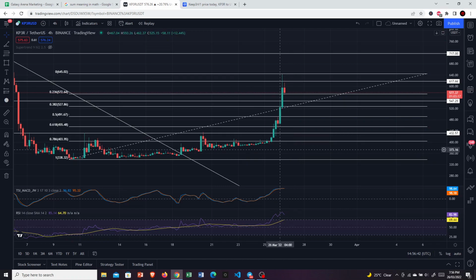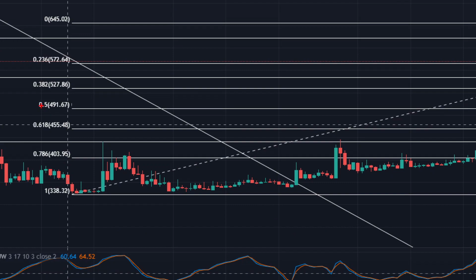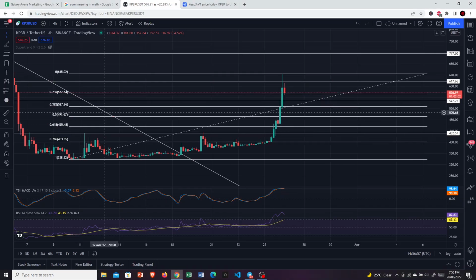So right now, if you guys are planning to enter into Keeper, my suggestion again will be to enter at these two zones and DCA your entries. DCA means dollar cost averaging your entries. Do not invest all your money at one support. Always average out your entries, so it's a better idea to average out your risk.